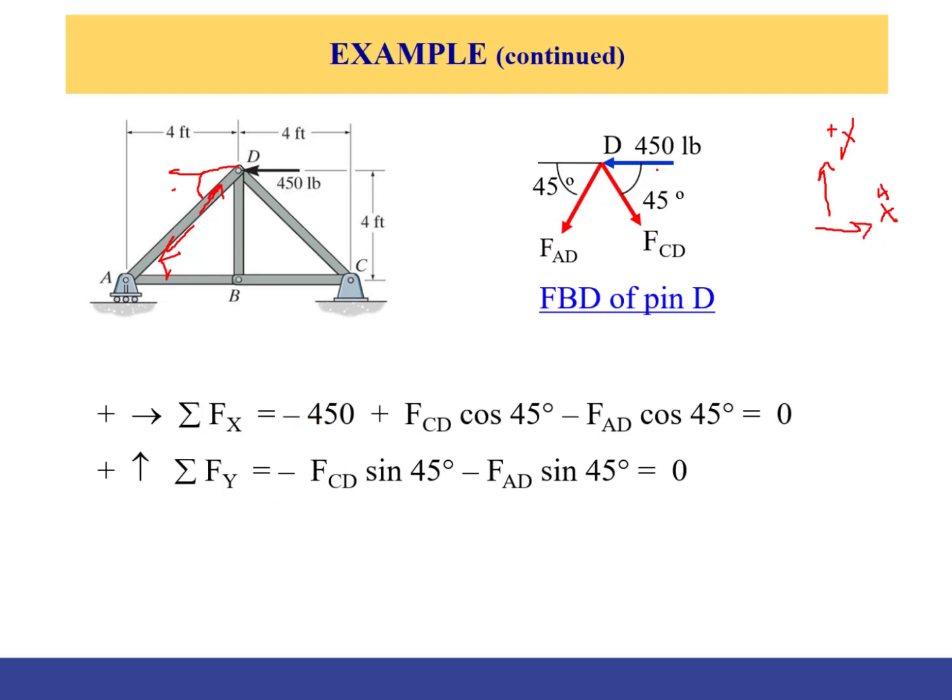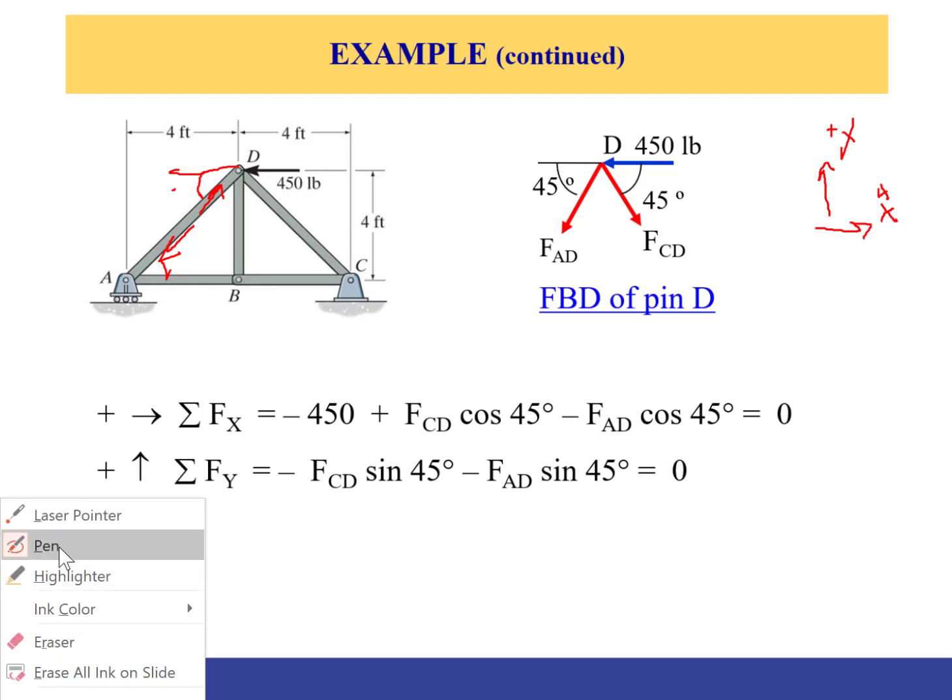Okay, so we have a negative 450 because it's to the left, plus F_CD cosine 45, minus, because going back, F_AD cosine 45, and it must be in equilibrium in X, so therefore it's equal to 0, right? Great. Same thing we apply for the Y direction.